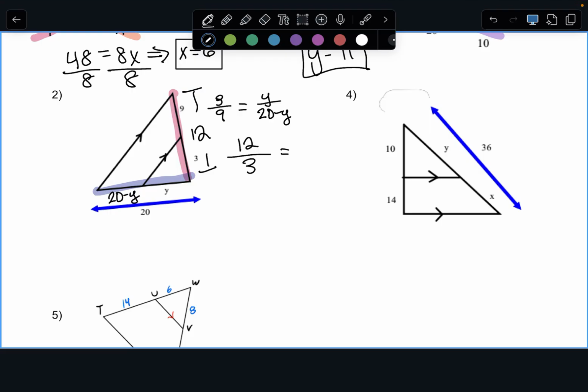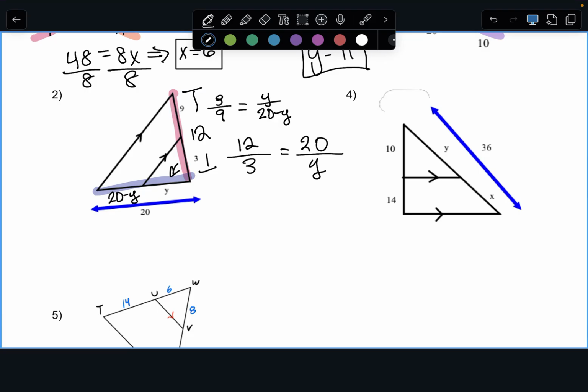Not 20 minus y, just 20. The whole thing was 20. So 20, and then the part that corresponds with 3 is y. It's directly across from it. So 20 over y.